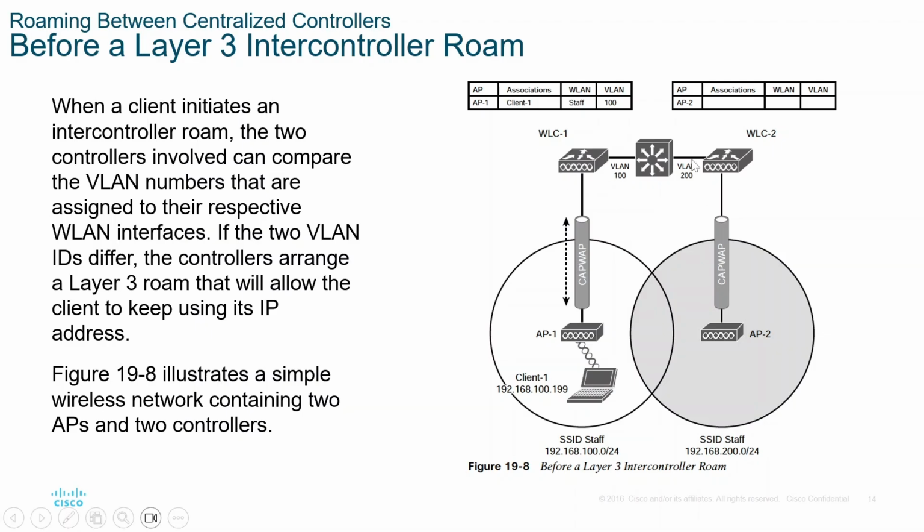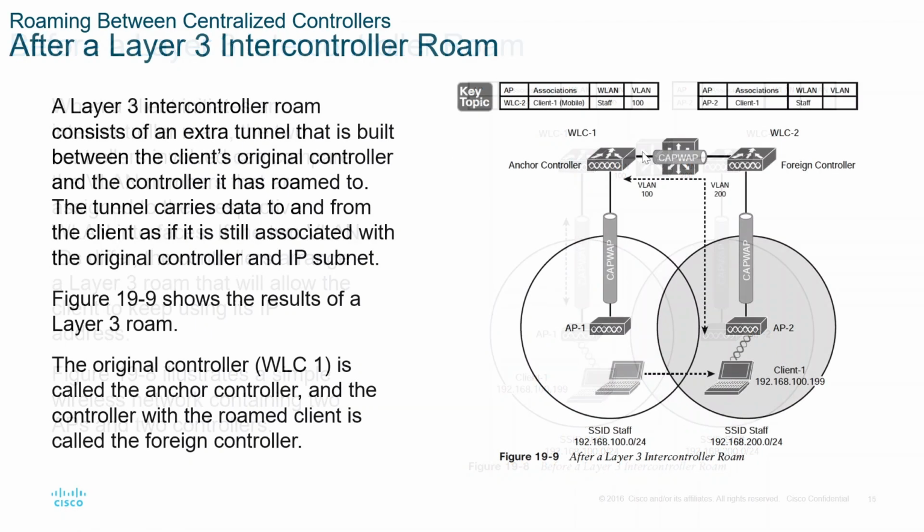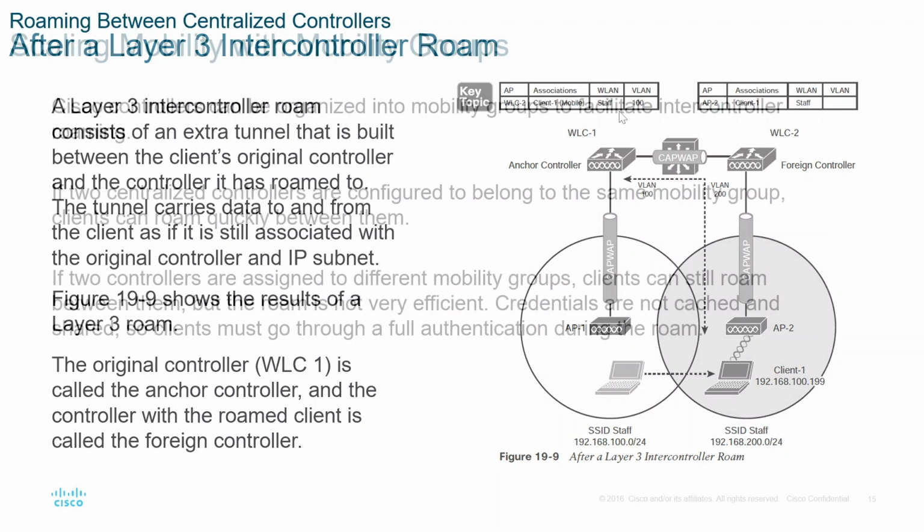They will be talking to each other and sharing the information, and they will still be having the same VLAN. So the foreign controller will notice that, okay, this person was already with me, AP1, and it went to you. So that is it, okay? So this is the key part.